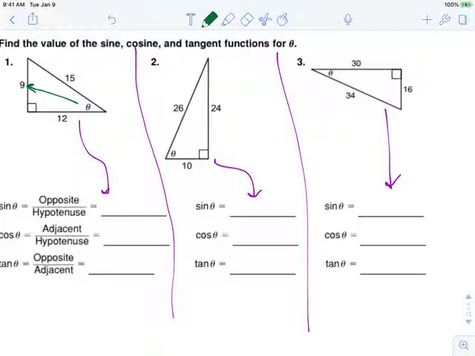When you're doing these problems, your first step is always going to be to label. You're going to simplify your answers.